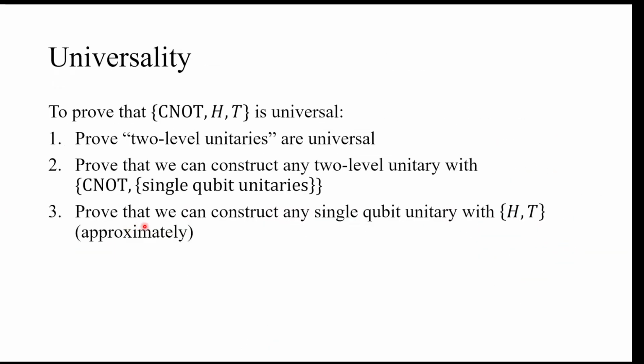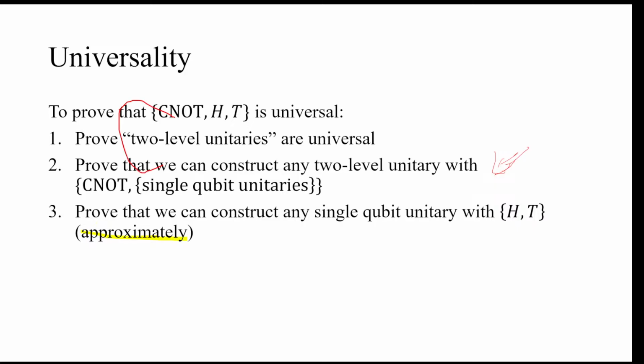And yeah, so the middle part is the part where we work very hard to build some basics. Okay. And lastly, we show that to get this arbitrary single qubit unitary, you can just use Hadamard and T. Okay. And I guess one thing to say here is the last one is approximate, and actually the first 2 are exact. So this is exact.